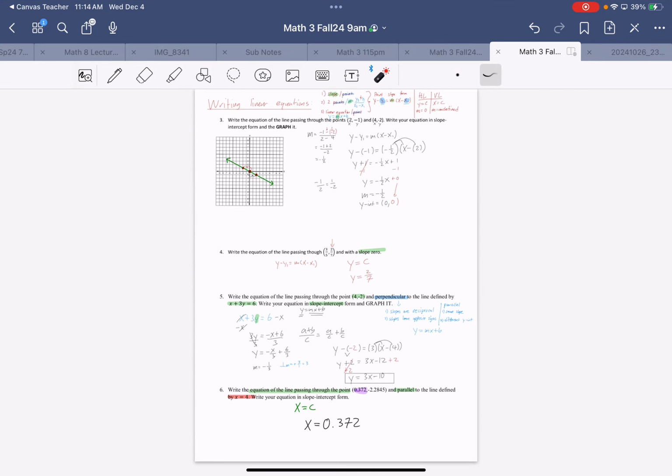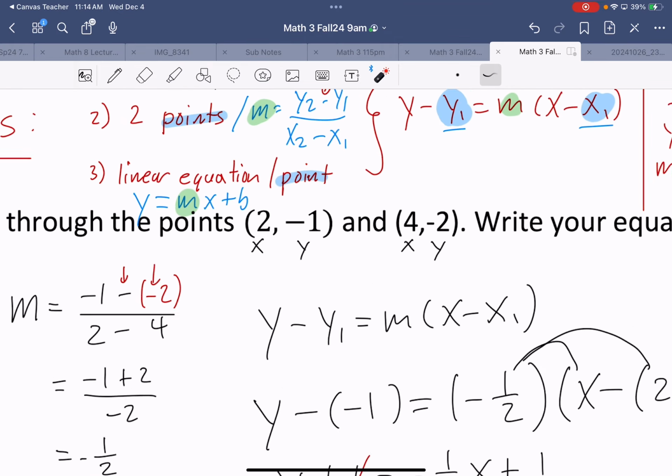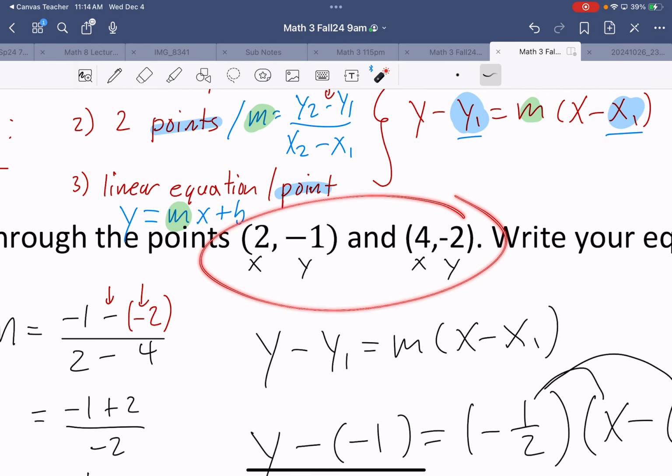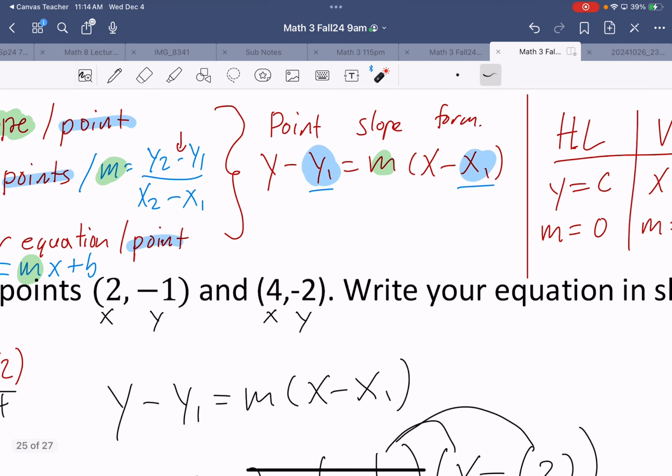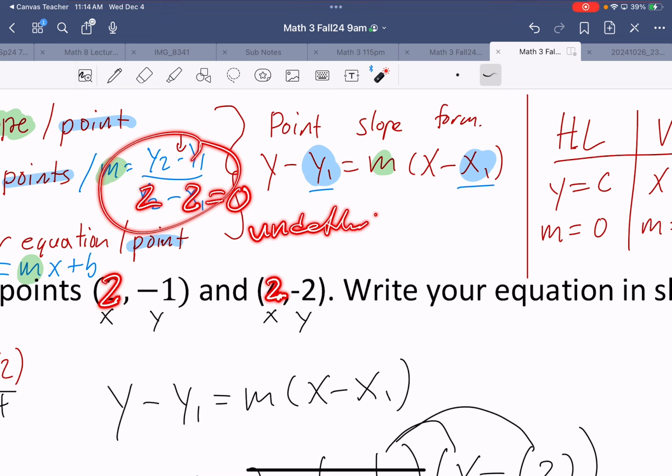And again, these were the examples that we did. And again, there are ways to ask this question dealing with horizontal and vertical, right? Because I could easily just put 2 here, 2 here, and when you do the slope formula, the 2 and 2 will give you 0 in the denominator, meaning your slope will be undefined, meaning you're dealing with a vertical line, right?